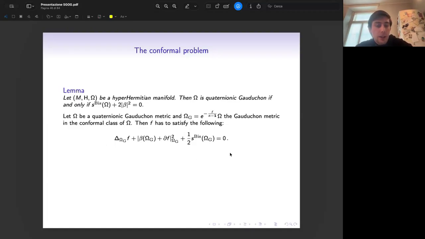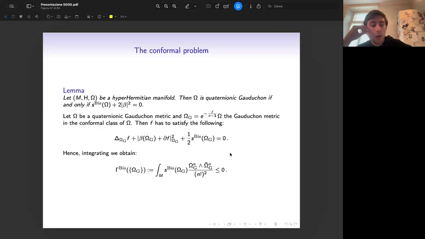But out of this equation, we can deduce some necessary conditions. So first of all, integrating over the whole manifold, what we obtain is that the total Bismut scalar curvature of the Gauduchon metric has to be non-positive. And that's the Bismut-Gauduchon degree of the conformal class.